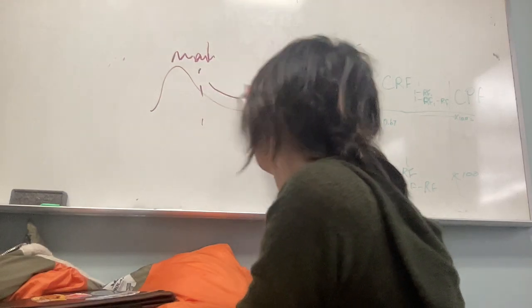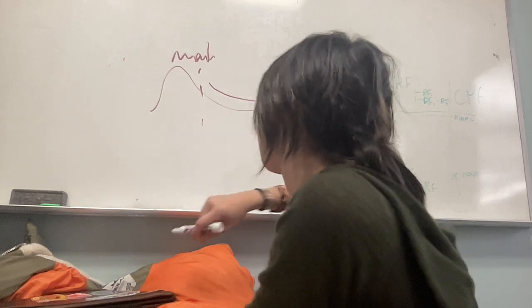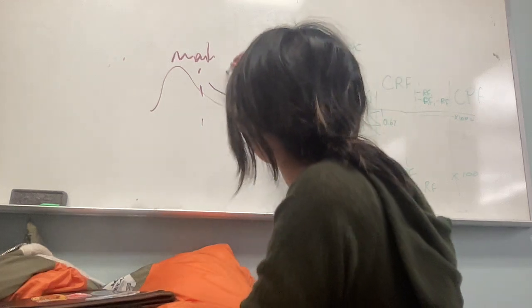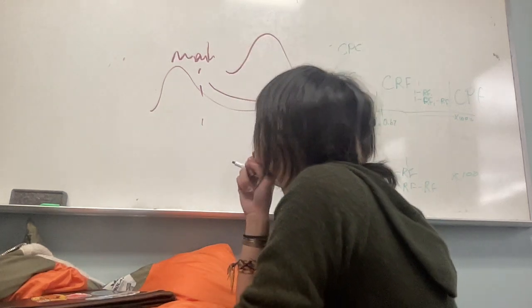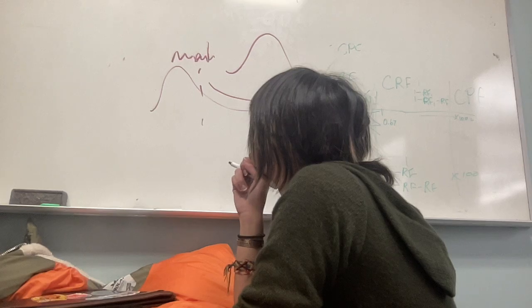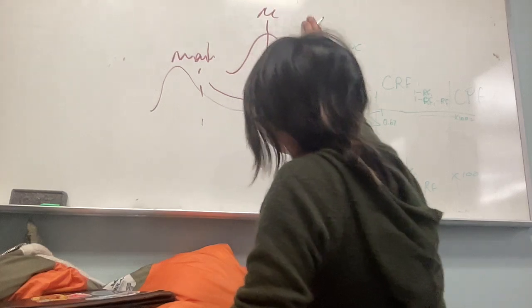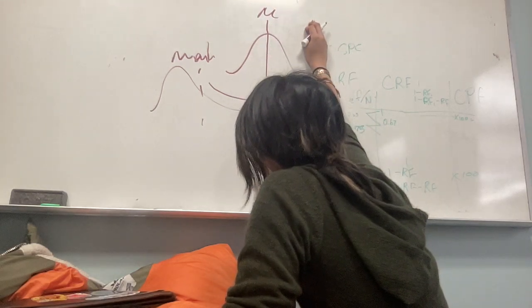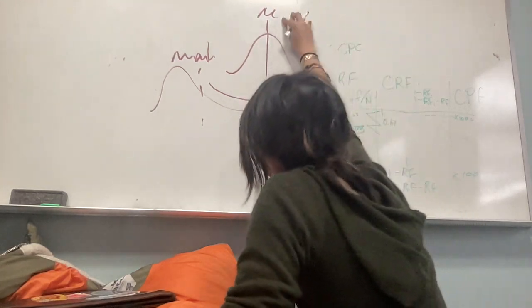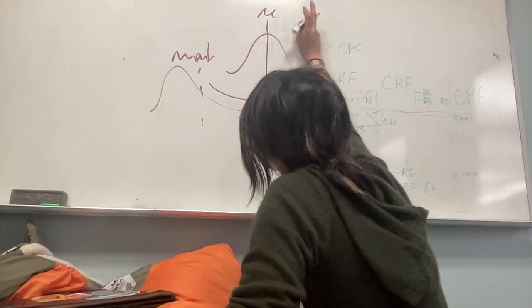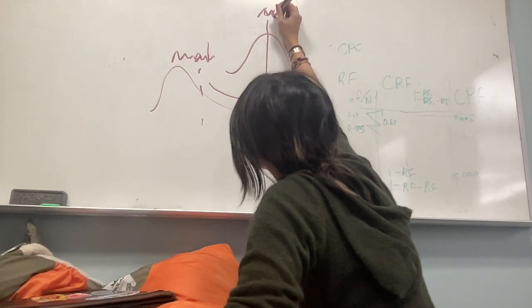It would shift towards the other side. What about a perfect one? All three are fine, but you would want the mean. Everything is in the middle anyways, and the mean is the best one. Mean is queen, king, whatever. Crown.